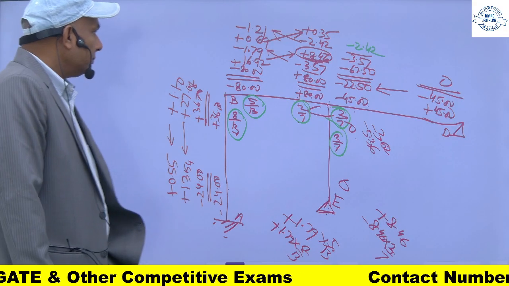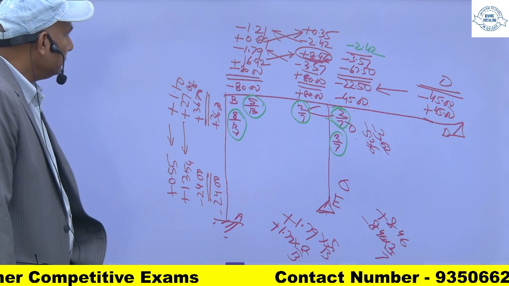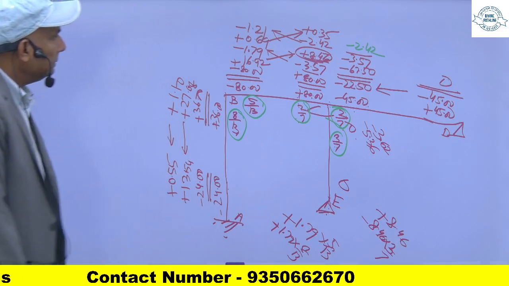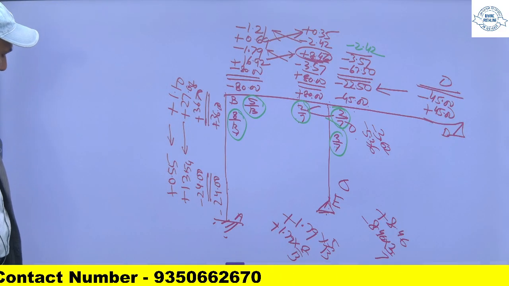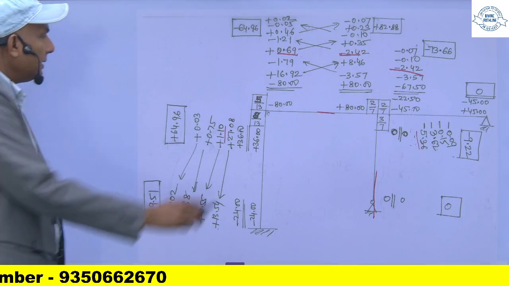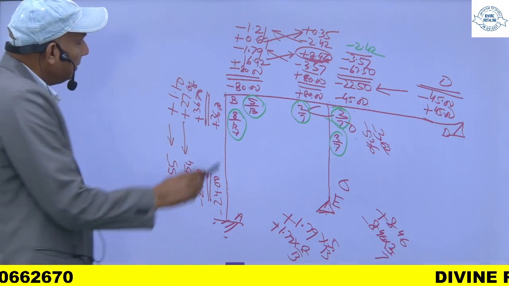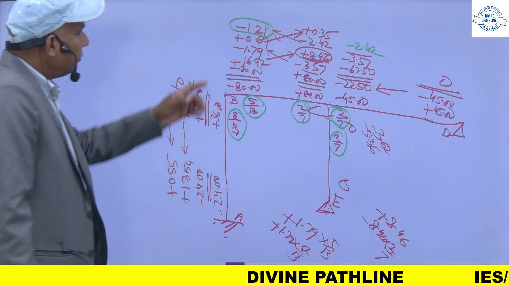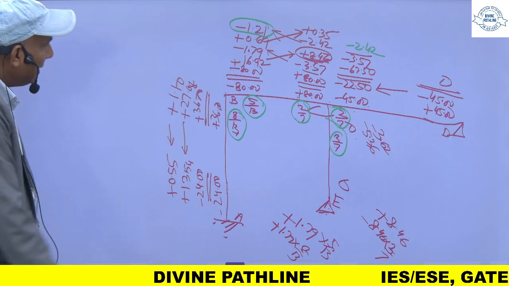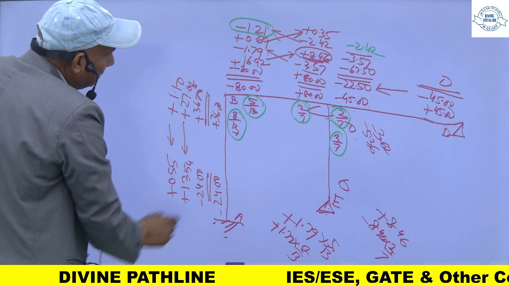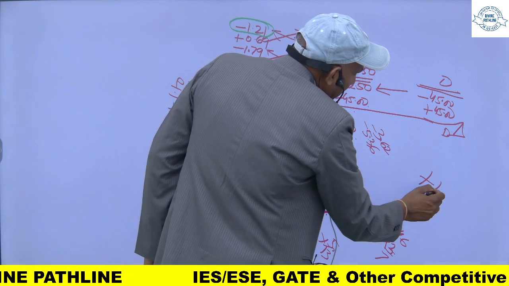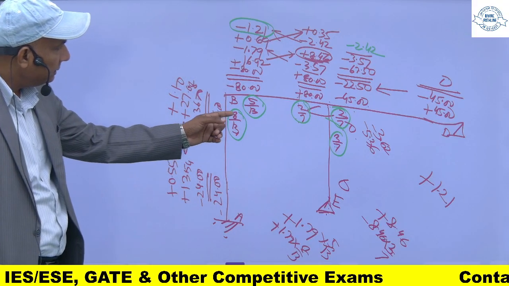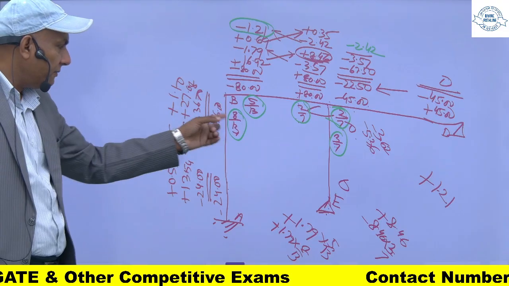So now this 1.21 is extra. So what will happen? This moment is extra, so for balancing it, I will apply a moment of plus 1.21, and this will be distributed into this member and this member according to their distribution factor.